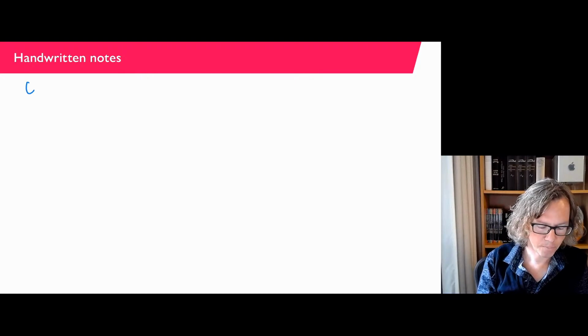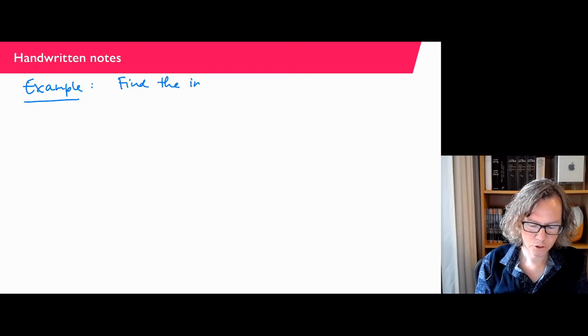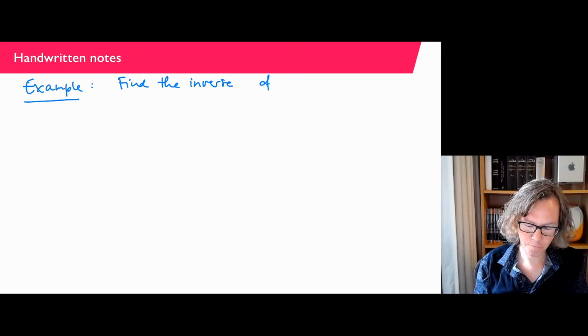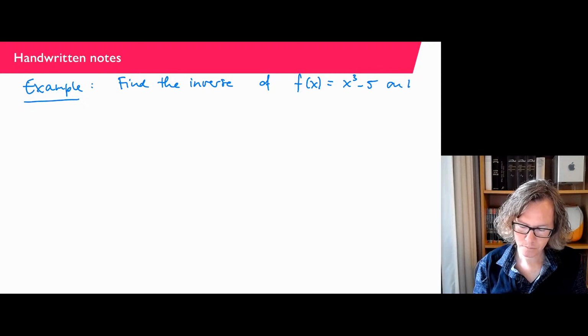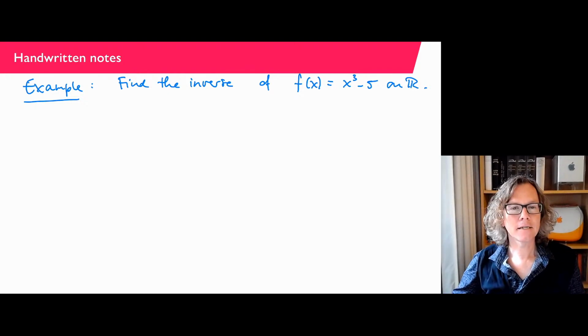So as an example, we are being asked to find the inverse of f(x) = x to the power 3 minus 5, on R. I have added that because very often you will see that we specify a certain domain where we consider our function.